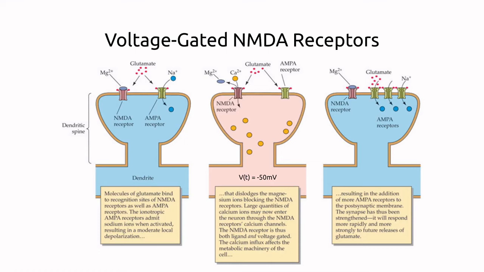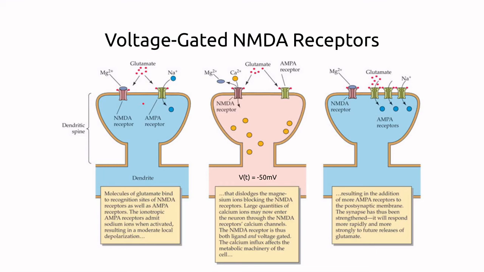And you see, NMDA has a magnesium ion that blocks this channel. So glutamate comes into the synaptic cleft. It activates both the NMDA receptor and the AMPA receptor.